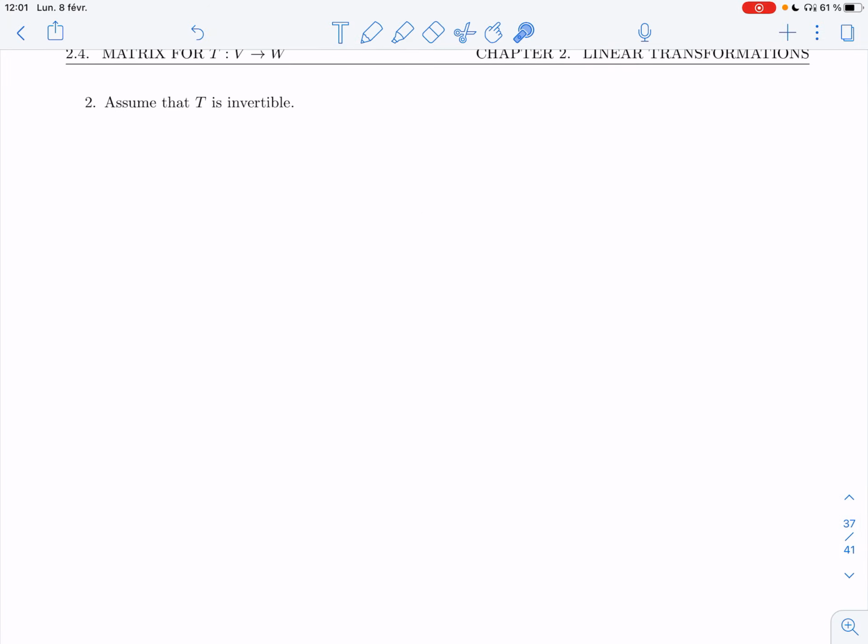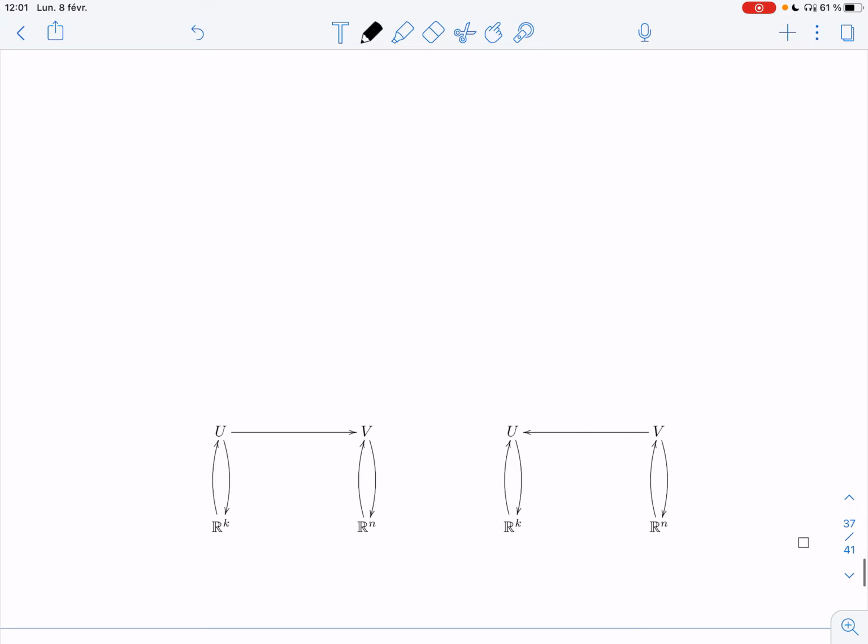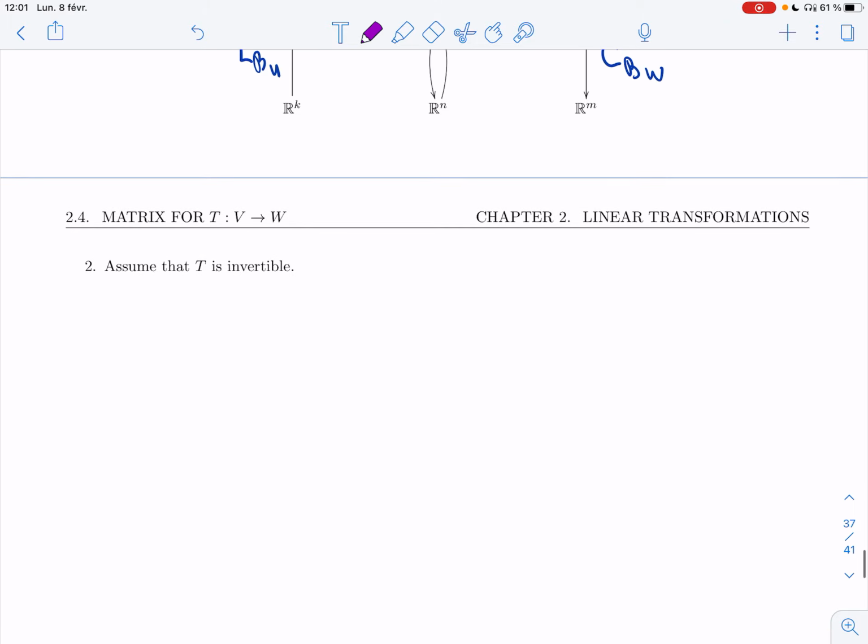All right, so assume that T is invertible. So that means I have a diagram again. So here's T. I'm assuming that T is invertible, so I have T inverse here. If I assume that T is invertible, then I want to show that this map here is also invertible.